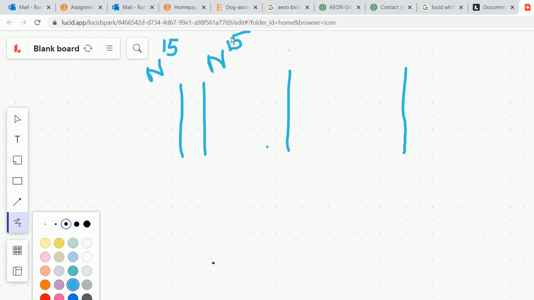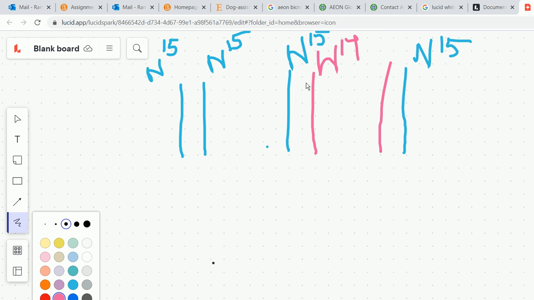So this is a parental strand. It will have nitrogen 15. This will also have nitrogen 15. And because the new strand is going to be formed in the new medium, the source of nitrogen is going to be the new medium. It means that the new strand which will be formed will have nitrogen 14 in it.